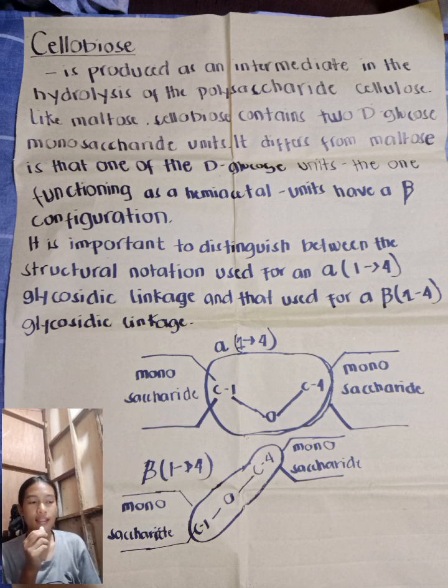So in α, the carbon 1 and carbon 4 are balanced or they are in the same line, but in the β, the carbon 1 and carbon 4 are going up.